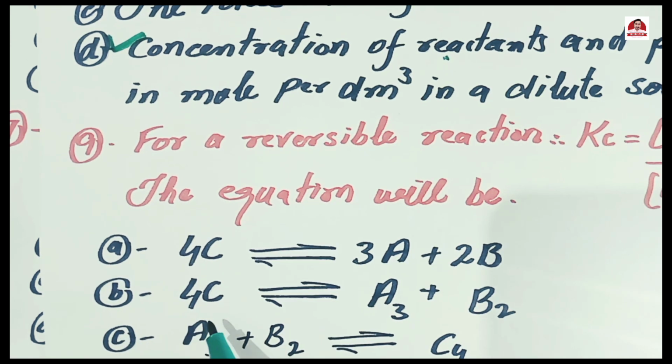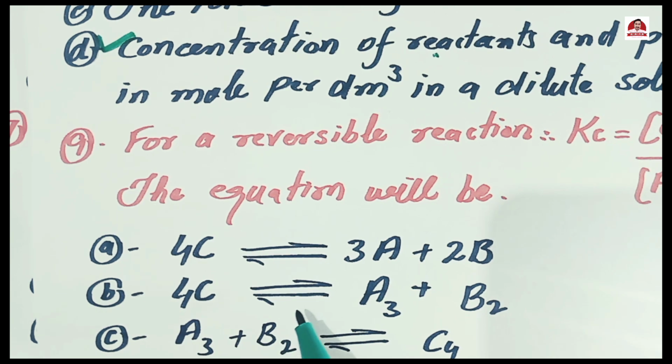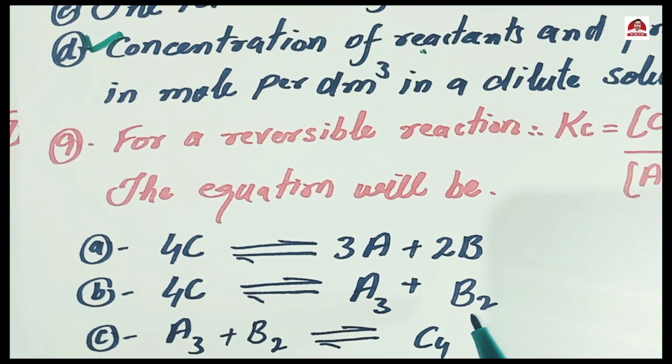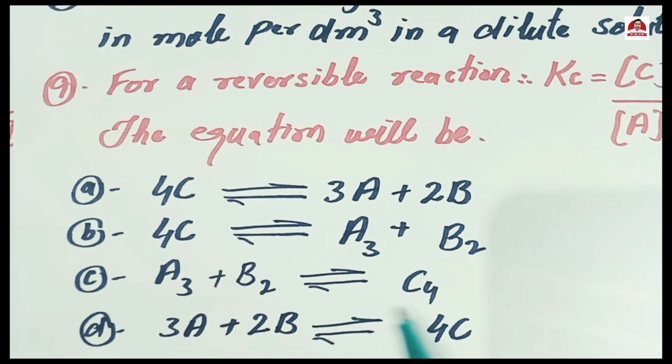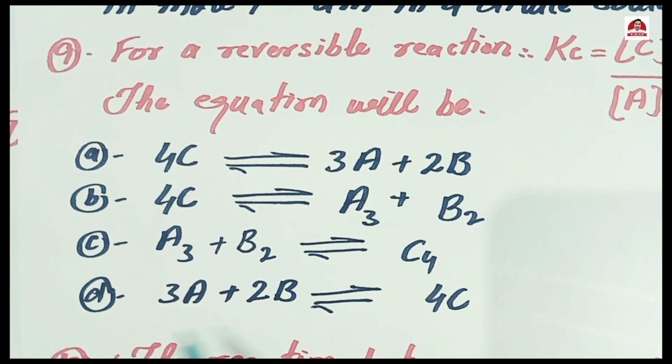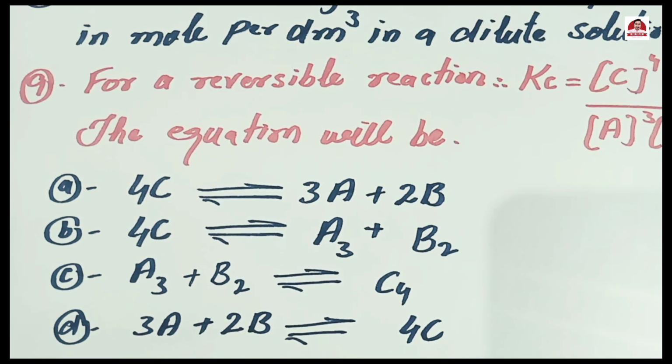Option B, 4C in a reversible chemical reaction A3 and B2. Option C is A3 B2 in a reversible chemical reaction C4. And option D is 3A plus 2B in a reversible chemical reaction 4C.